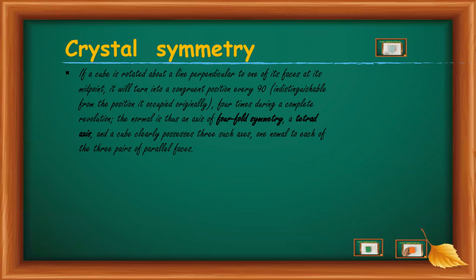So we call it fourfold symmetry, and the axis is called a tetrad axis. A cube clearly possesses three such axes, one normal to each of three pairs of parallel faces.